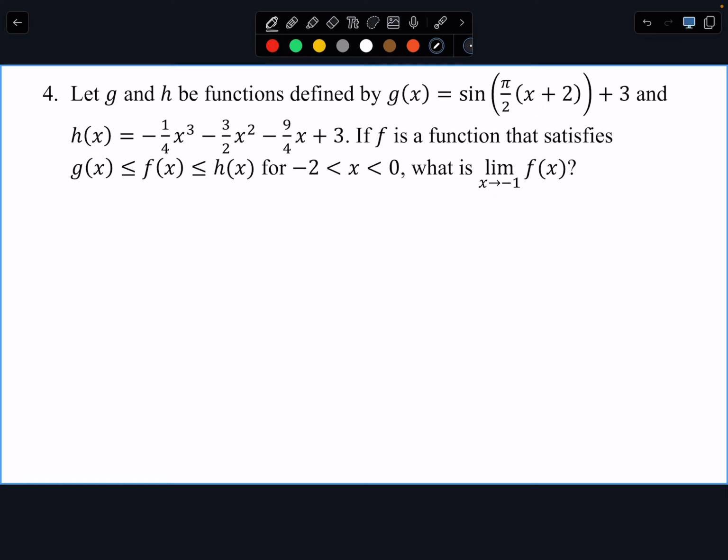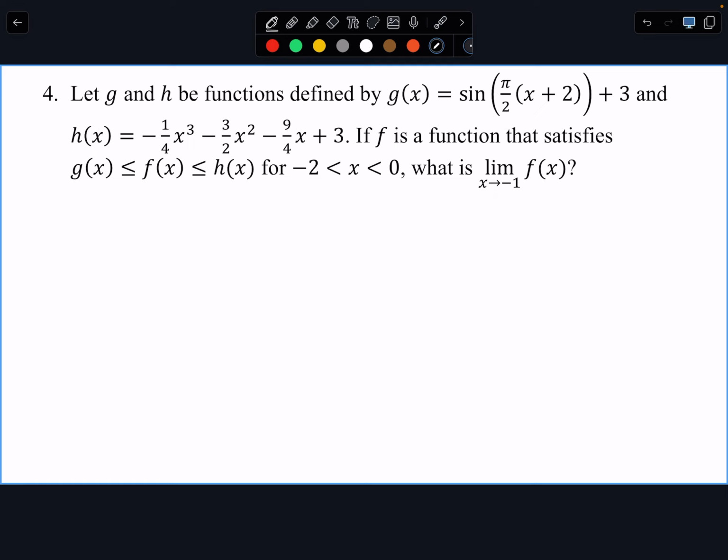And you have to remember you're thinking, okay, limit as x approaches -1 of f of x. Well, I don't even know what f of x is, but your spidey sense should be like, squeeze theorem, because you're given this inequality, right? That relationship between those three functions on the interval from -2 to 0.